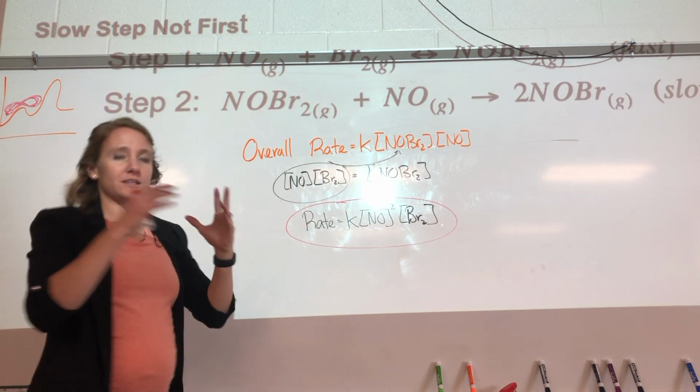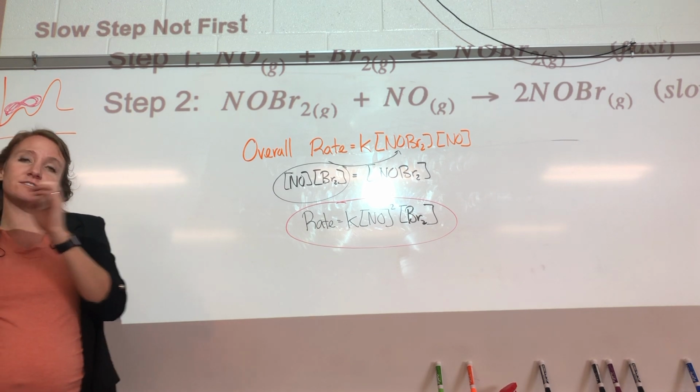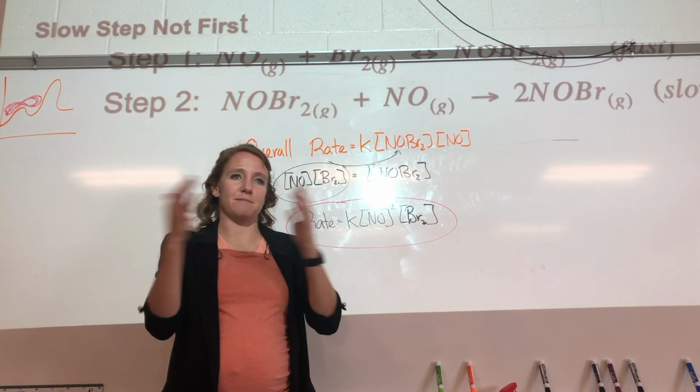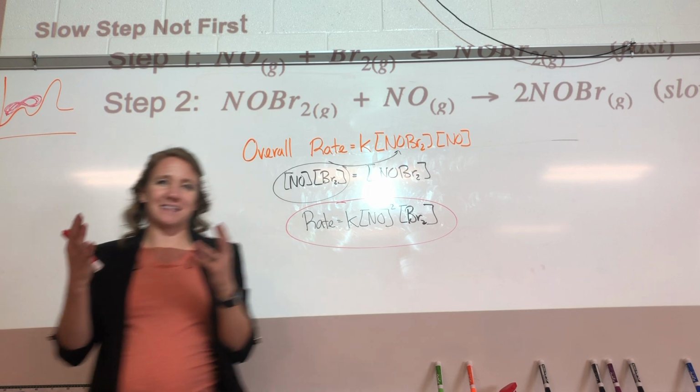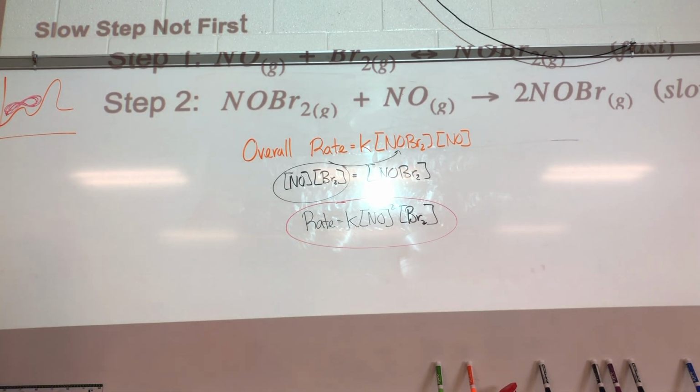So their individual concentrations are equivalent to the concentration of the intermediate that it's making. That's why we can set them equal to each other. It's because of the equilibrium. You could not do this if it was not an equilibrium.